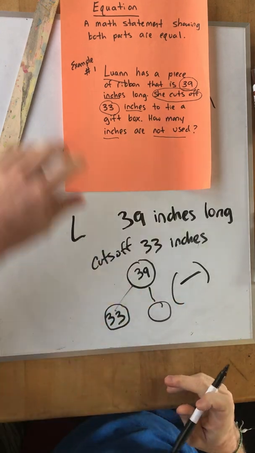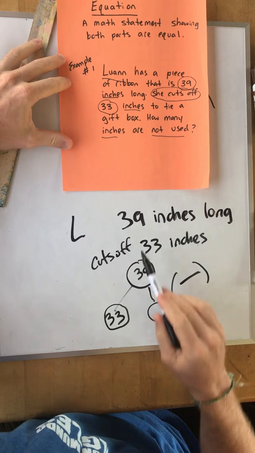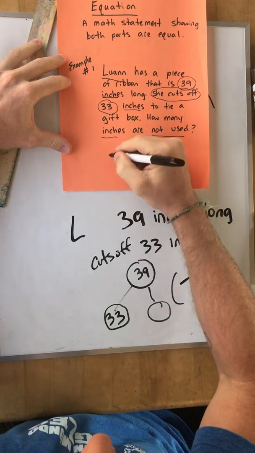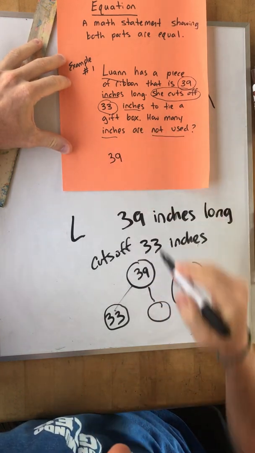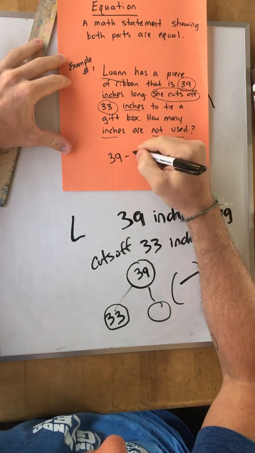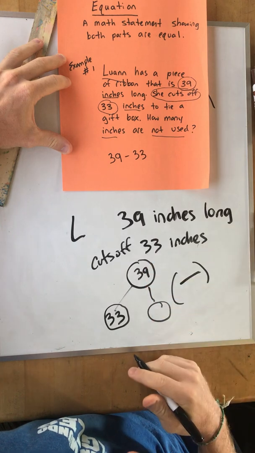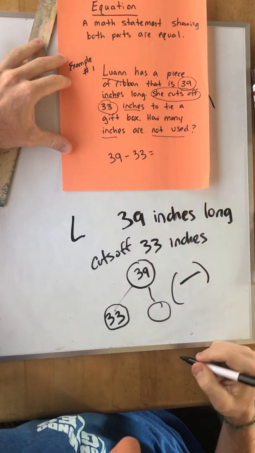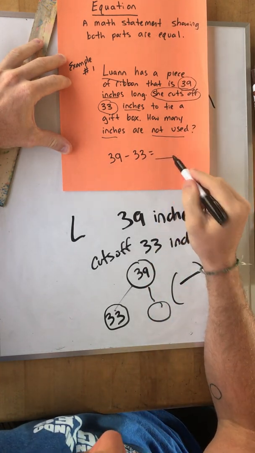Now we need to write down what the equation might be. So let's do 39 minus one of the parts, which is 33, and that would equal the other part.